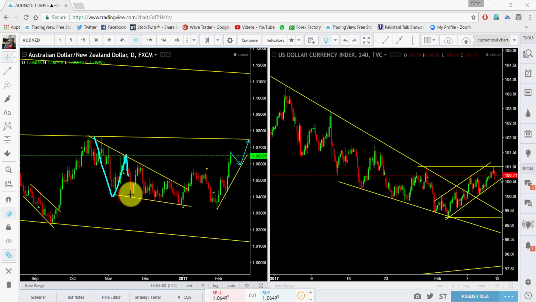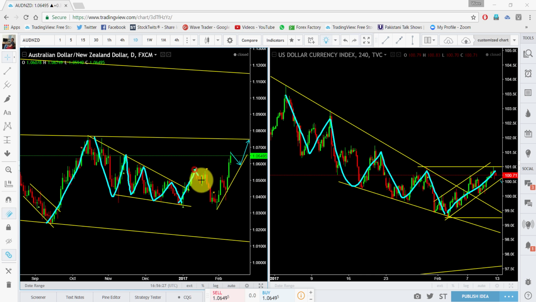Price was running into this falling wedge, with an impulse and then the falling wedge, quite a similar pattern to what we have here, and it broke out correctively to the upside.